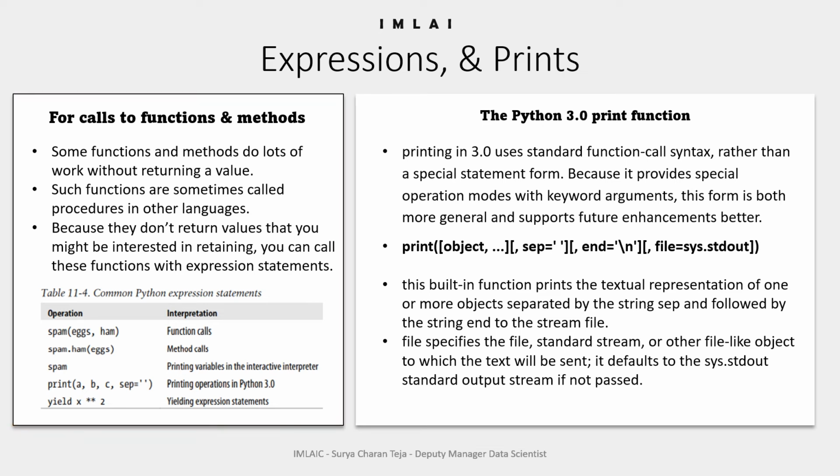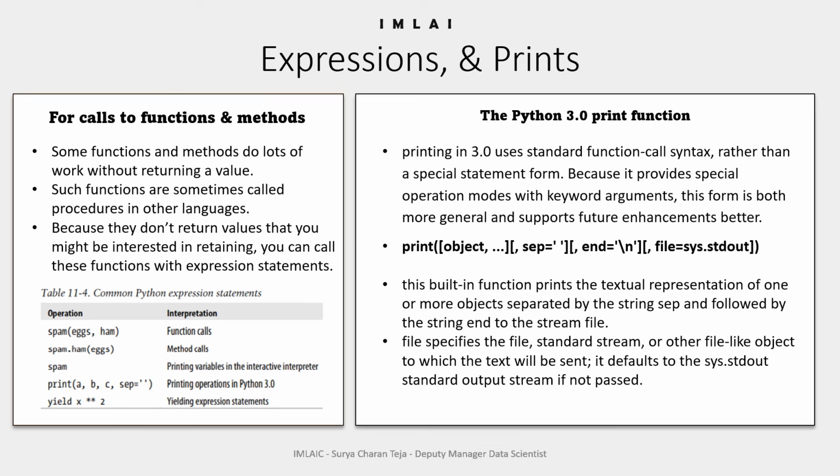Now, the second way is printing in 3.0. So that's the Python 3.0 print function. Printing in 3.0 uses standard function call syntax rather than a special statement form because it provides special operation modes with keyword arguments.